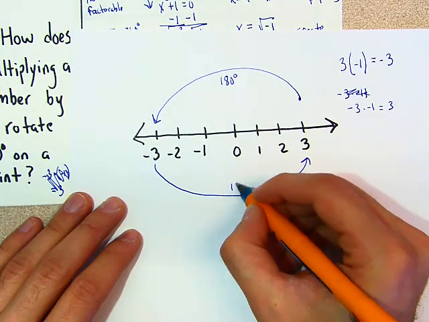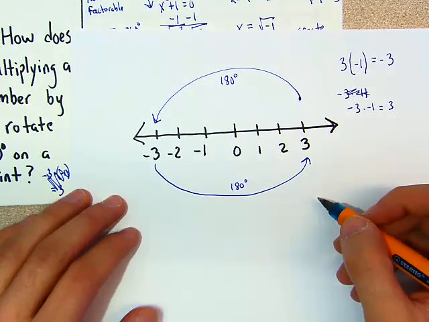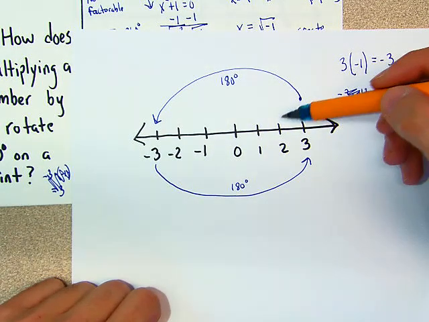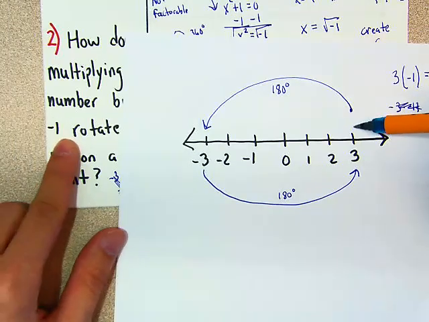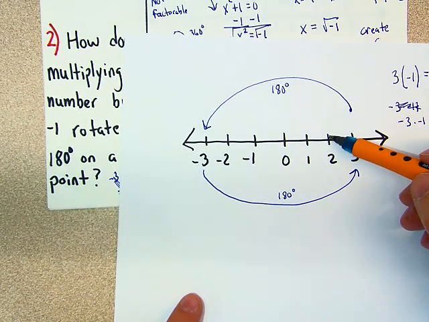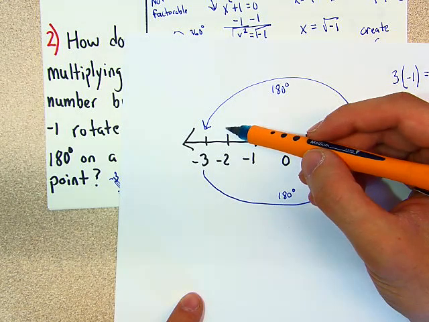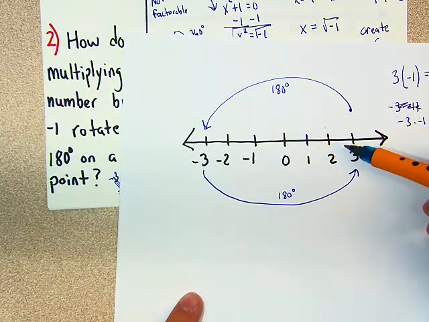And if you're thinking, okay, so what? Who cares? If you take a number and multiply it by -1, it rotates it 180 degrees.